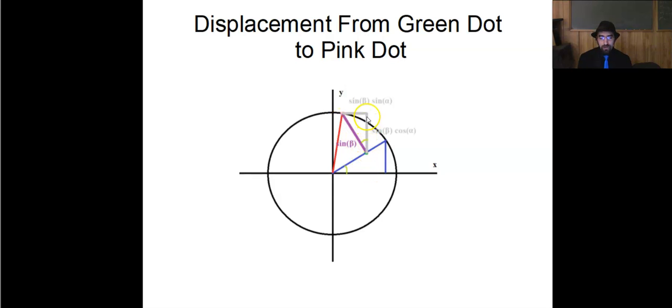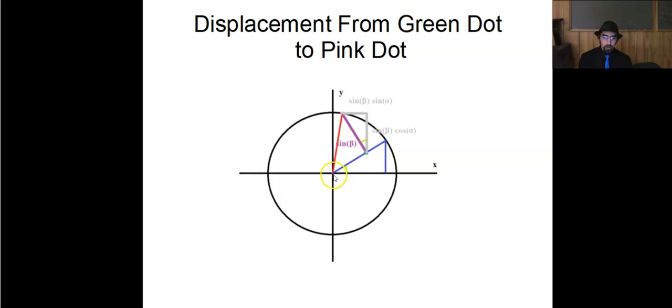So now you've got a right triangle here with these two gray line segments and the purple line segment. The hypotenuse is sine beta. You've got this angle alpha here. So that means this vertical piece is sine beta cosine alpha, and this horizontal piece is sine beta sine alpha.